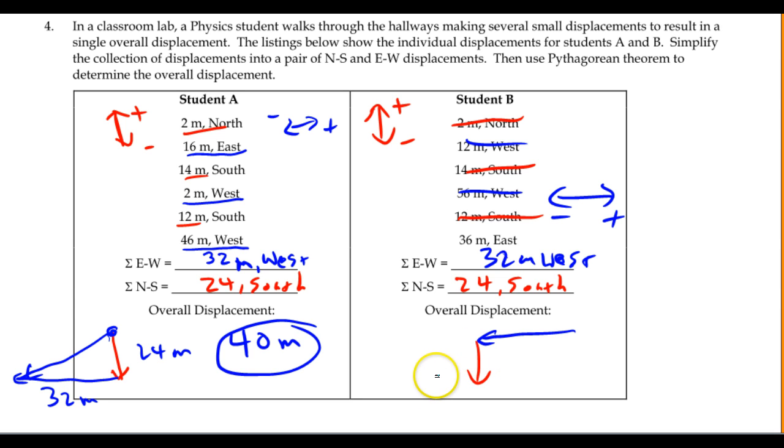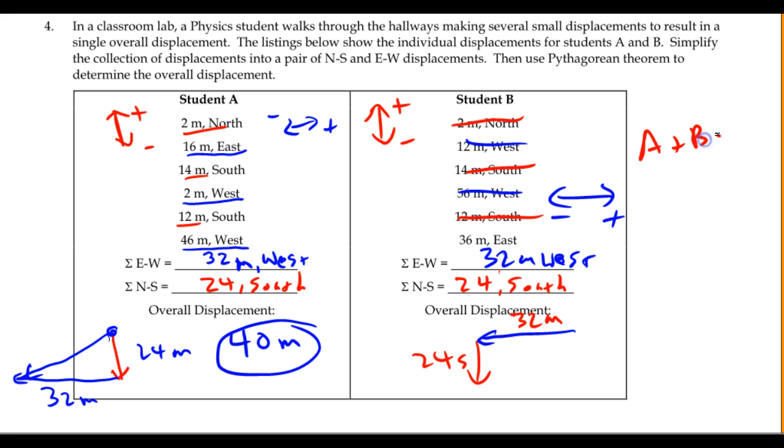Now, notice that I drew them opposite this time. I drew 24 down first over here and 32 second. Here I started with 32 to the west and then drew 24 to the south. I can do that because, like any other form of addition, it really doesn't matter what order you add the vectors in.